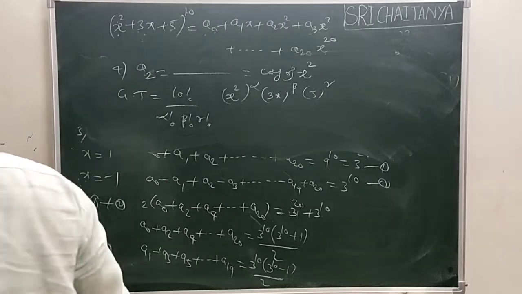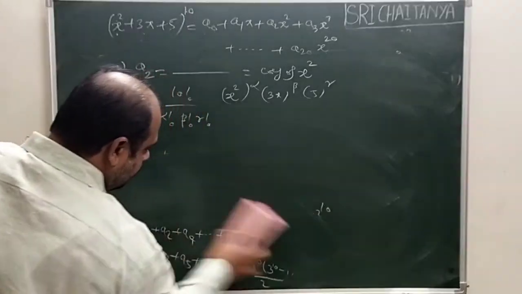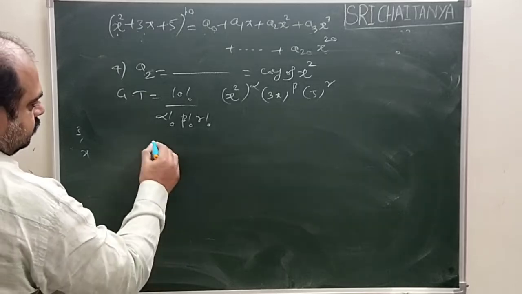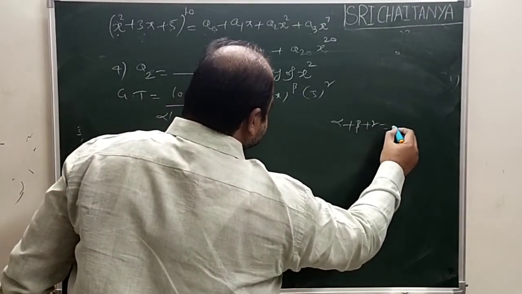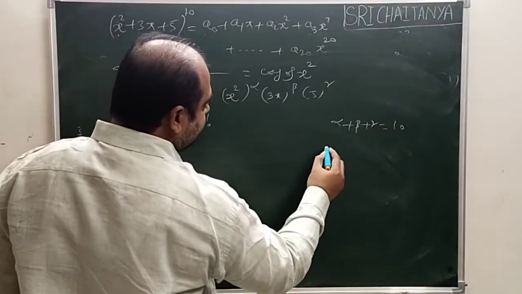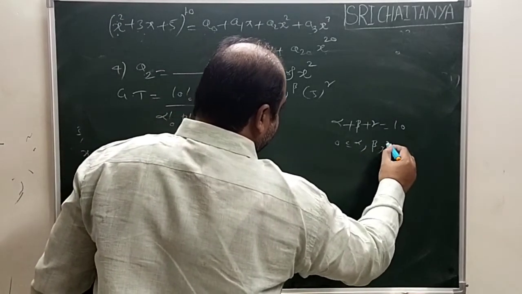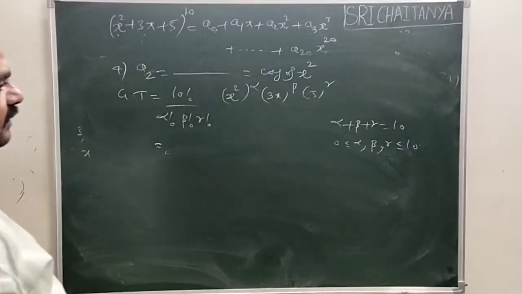Here alpha plus beta plus gamma equals 10, with alpha, beta, gamma between 0 and 10.